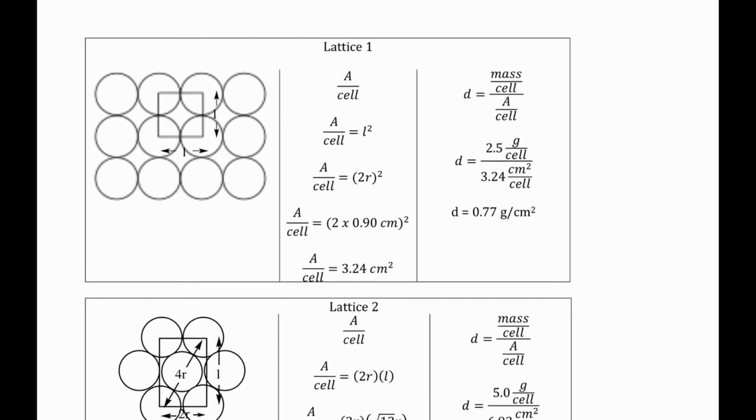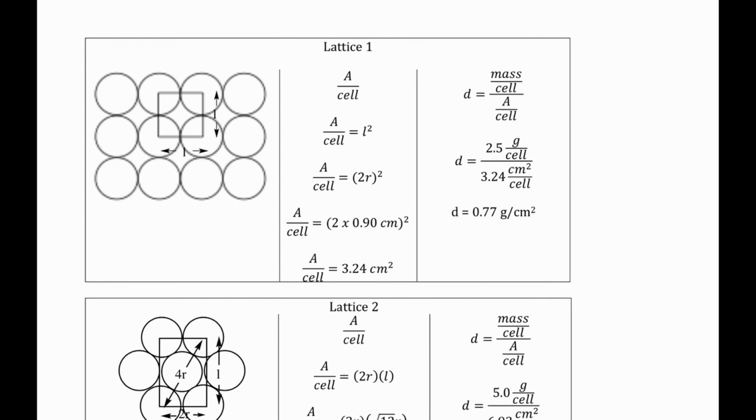Density is mass per cell over area per cell. For lattice 1, we got the mass per cell to be 2.5 grams per cell and the area per cell to be 3.24 centimeters squared per cell, and we end up with an area density of 0.77 grams per centimeter squared.